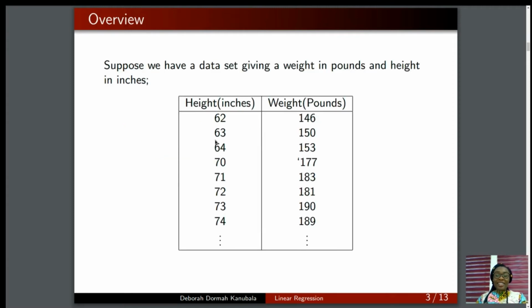To get going, we're going to take a very simple example of height and weight of some individuals. We have the height in inches and the weight in pounds. The interest here is that we want to come up with a model such that when we are given the height of any other individual we don't know in the future, we should be able to tell the person's corresponding weight in pounds.